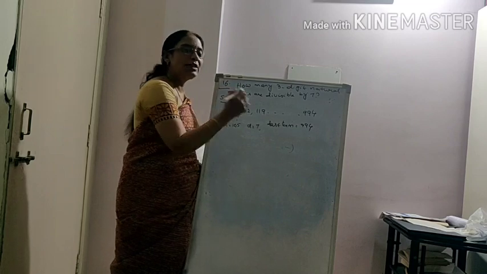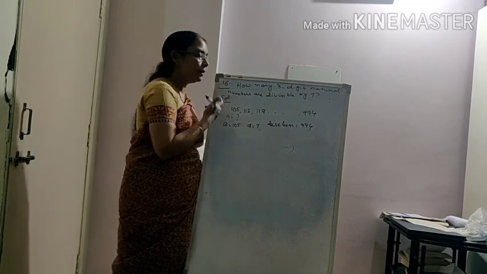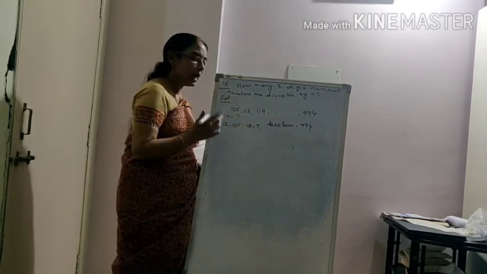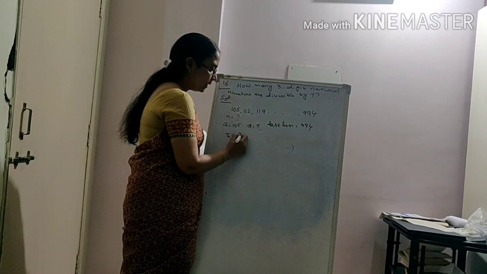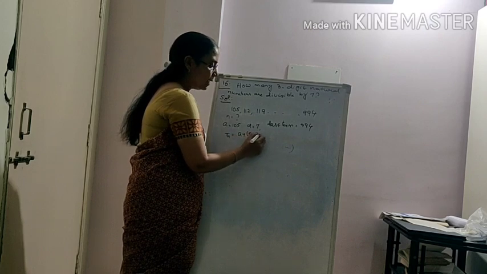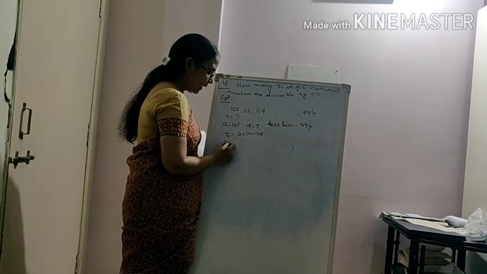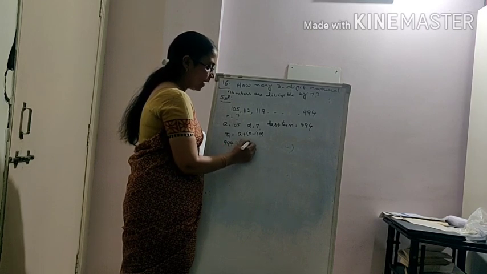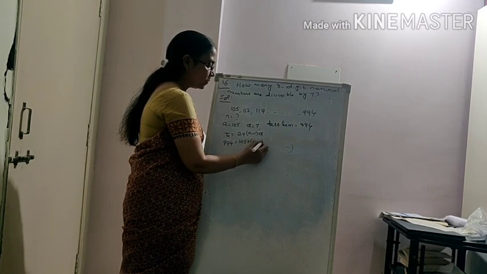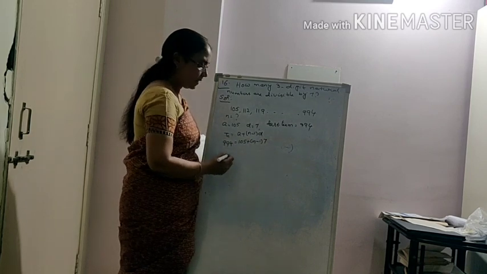If you know which term is the last term, then those many numbers are there, that is n. So we can write Tn is equal to A plus n minus 1 into D. This time we are taking the last term 994. A is 105 plus n minus 1, D is given as 7.